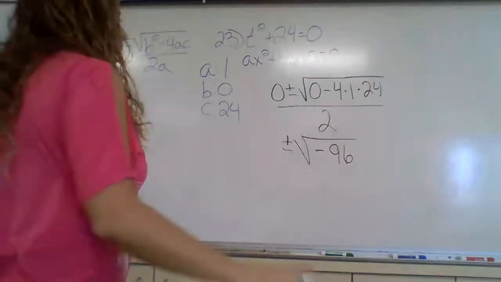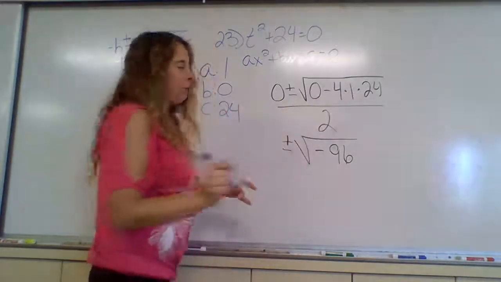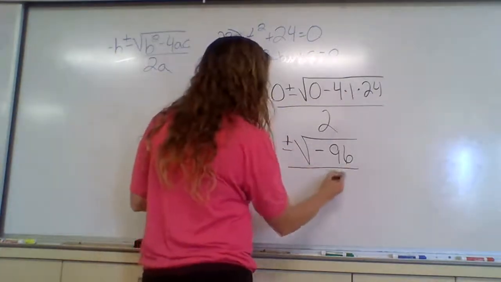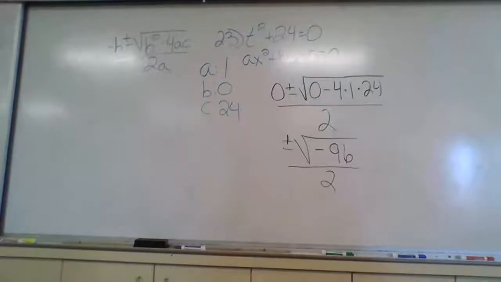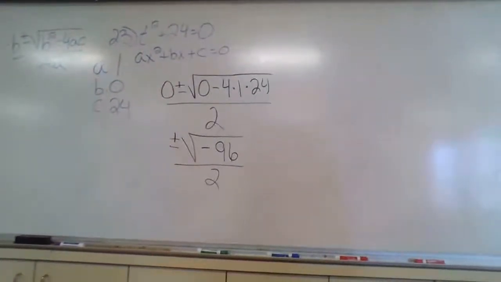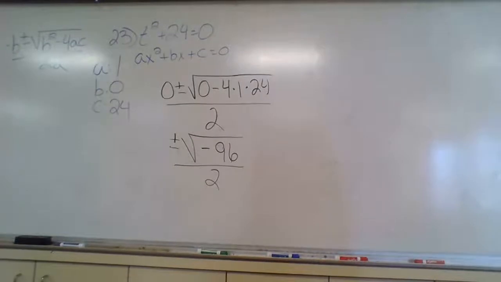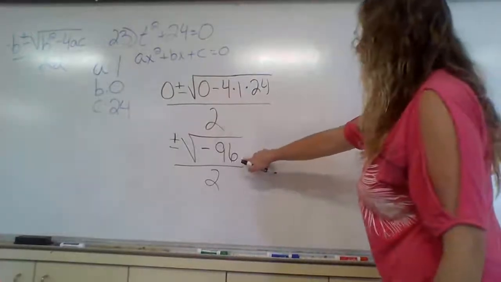But it's okay. Anyways, negative 4 times 24 is in fact negative 96, and that is all over 2. So this is where your i is going to come in. Well, not yet. We're going to break down 96.